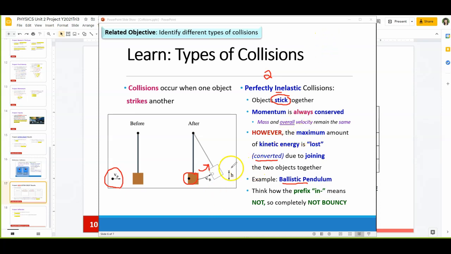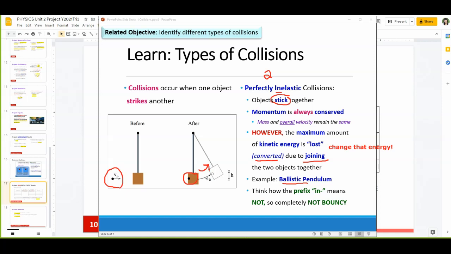However, it's losing a lot of kinetic energy because the objects are joining together. This idea of joining or coming together is going to lose kinetic energy. It's going to change it into something else. All right, so we're losing kinetic energy because it's being turned into something else.